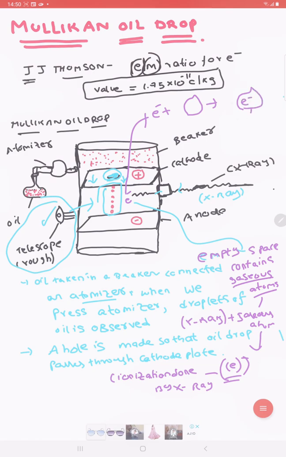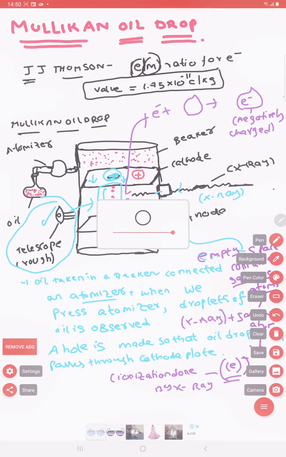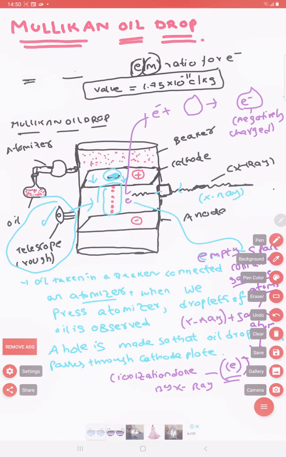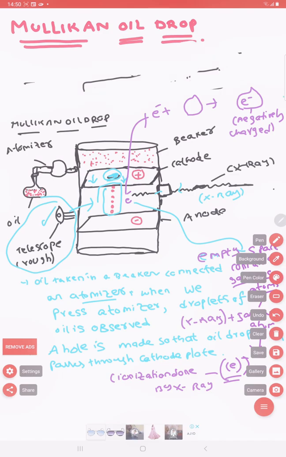The oil drop will become negatively charged. Hope you understood. Now the oil drop becomes negatively charged.